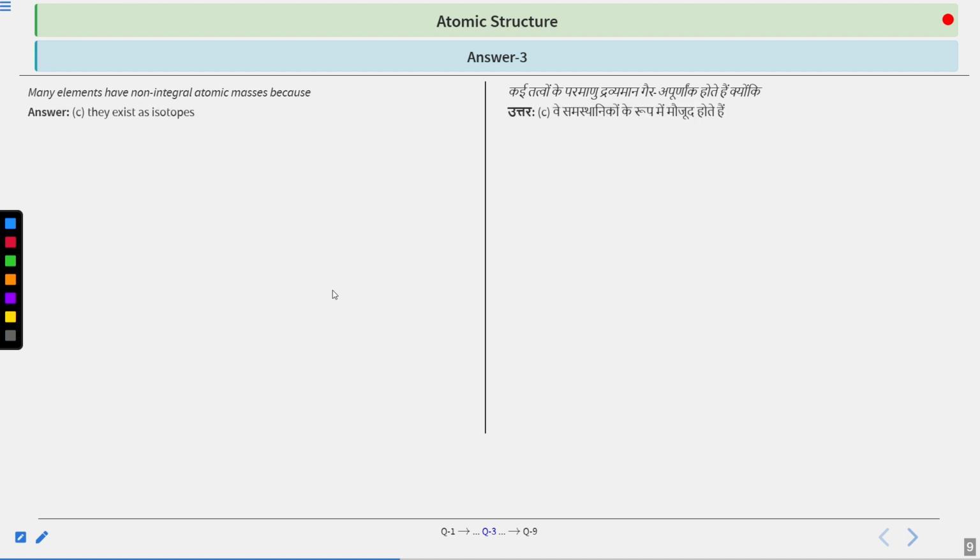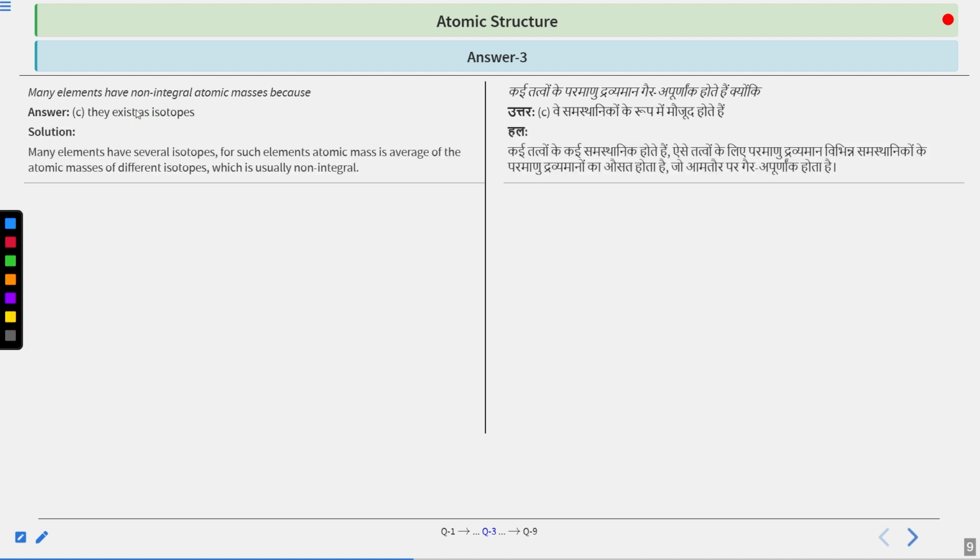So the correct option is C, they exist as isotopes. Now, what is the reason behind this? Whenever an element has several isotopes, we need to consider their contribution, right?